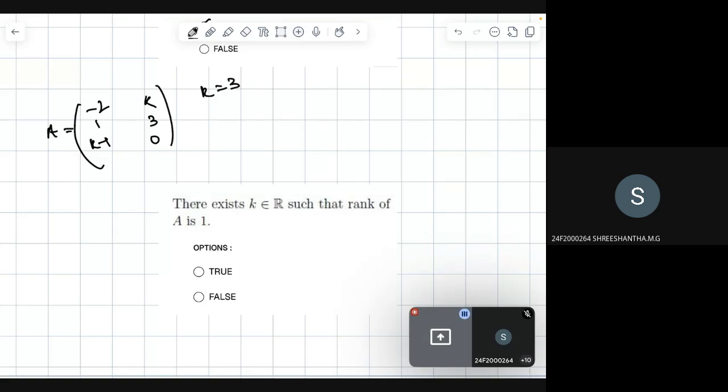Then the matrix becomes 3, 1, 3, 3, minus 1, 0. If you apply elementary row operations, why did I take k equal to 3? I wanted to show that, other than 3, the rank will be 2. But if I eliminate this value, even then the rank will come out as 2.